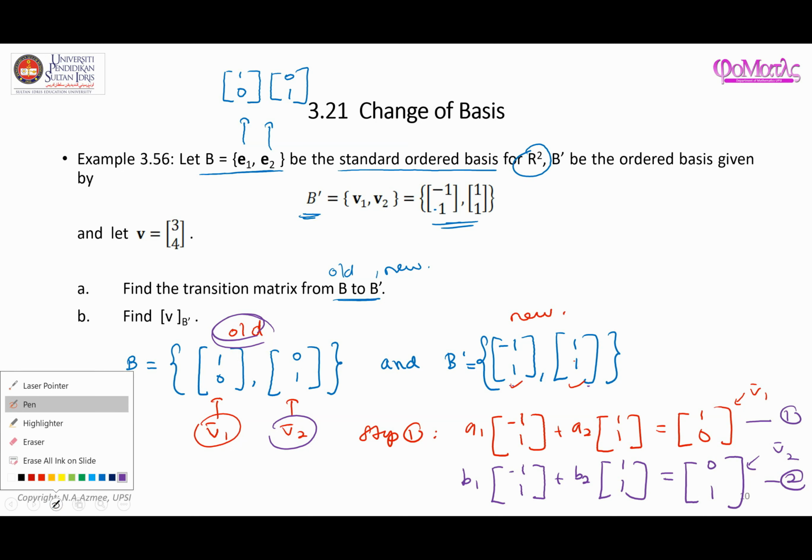Well, the next job is to get the values of a1 and a2. How can we do that? Based on equation 1, I can consider the augmented matrix. So we have negative 1, 1, 1, and 1, and here is 1 and 0.